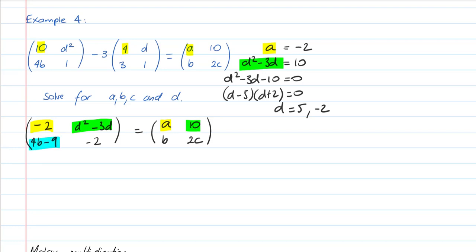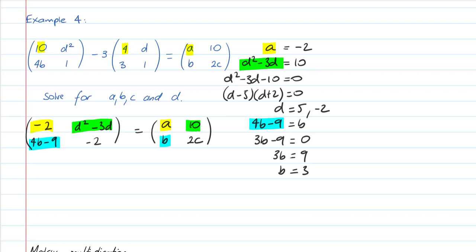Then I get 4b minus 9 equals b, which means that 3b minus 9 equals 0, which means that 3b equals 9 and b equals 3. So we'll just highlight that's the new spot there.